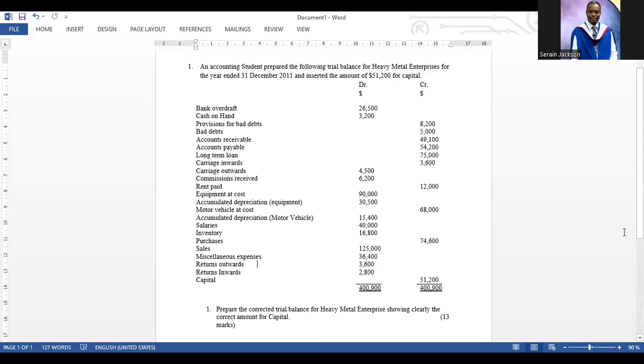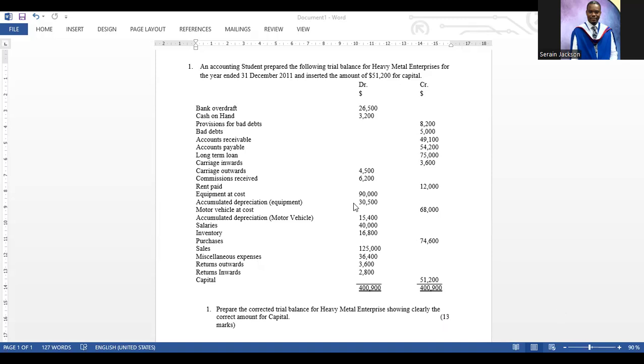It's a trial balance question, taken from a past paper. If you look at it, it is worth 13 marks.